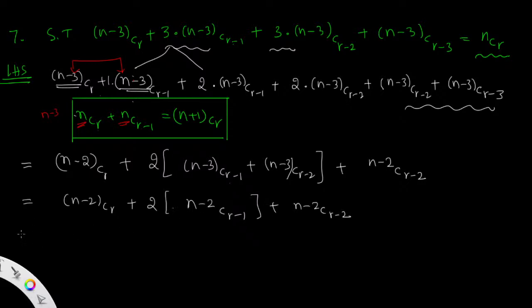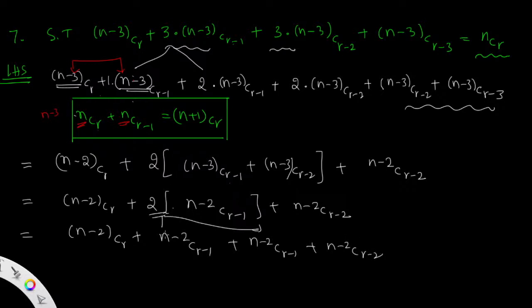Again 2 times is there, you can split as (n-2)Cr plus (n-2)C(r-1) plus (n-2)C(r-1) plus (n-2)C(r-2). Now regrouping the terms as convenient, the formula can be executed, giving (n+1)Cr, that is (n-1)Cr.